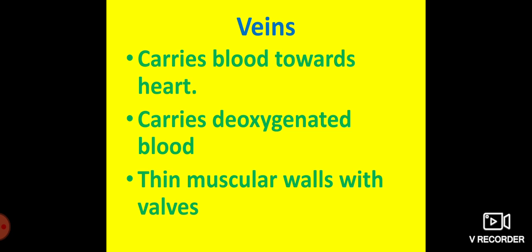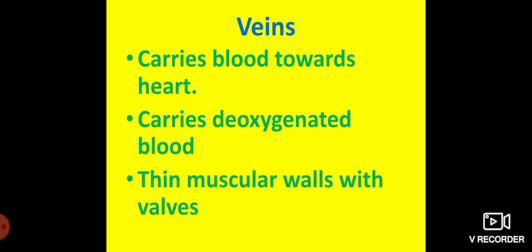What is the purpose of these valves? The veins carry impure blood, isn't it? That is, deoxygenated blood. So the valves prevent the backflow of blood flowing towards the heart.